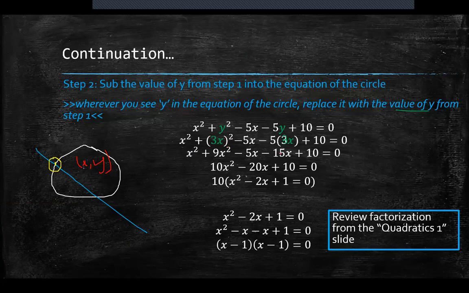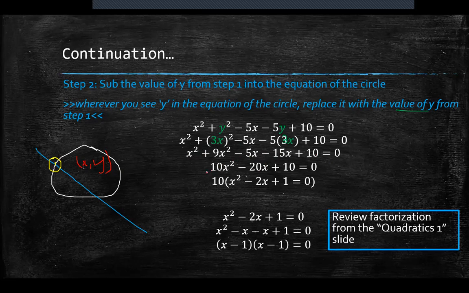So just simplify. x squared plus 3x squared, that's 9x squared, minus 5x, minus 5 by 3x is minus 15x, plus 10 is equal to 0. I could rearrange this. So x squared plus 9x squared is 10x squared, minus 5x minus 15x, that's minus 20x, plus 10 is equal to 0.